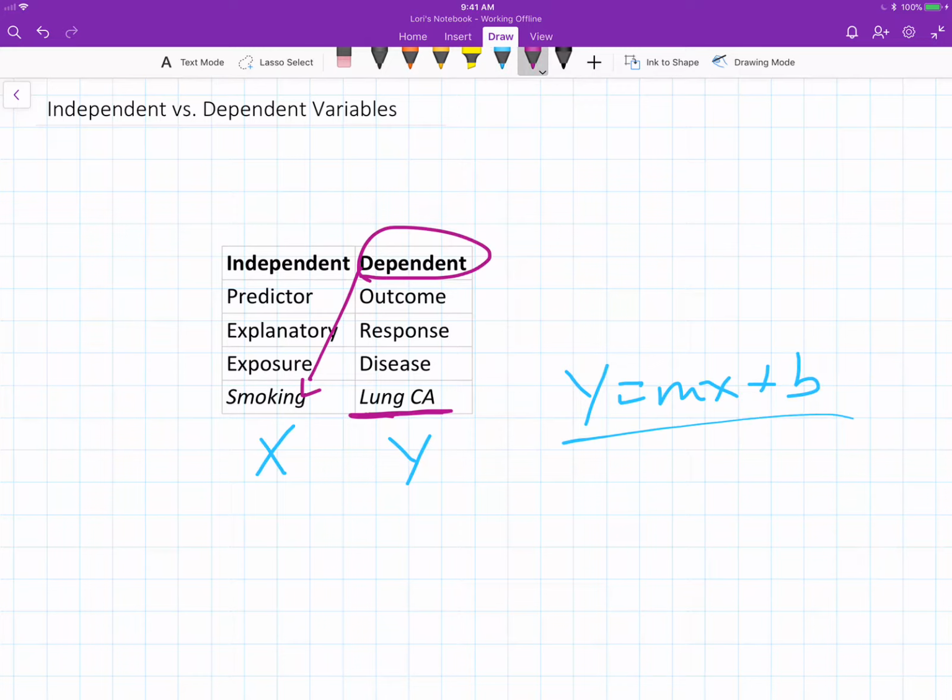But this y and this x are this y and this x as well. And so the dependent variable is considered to be y. That's the outcome, the response, the disease. And so y is dependent on whether somebody was exposed to x or not. And so that's one easy way to remember dependent versus independent.